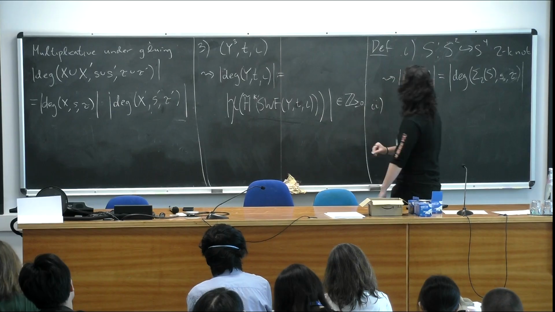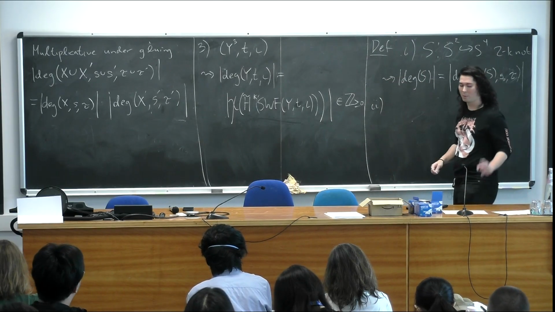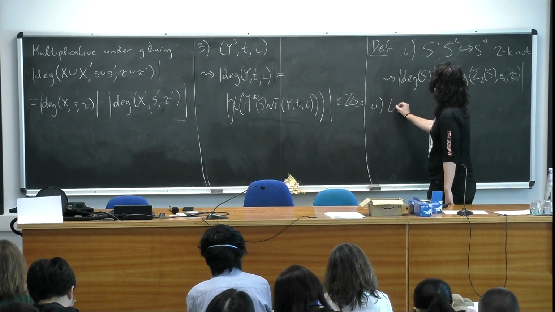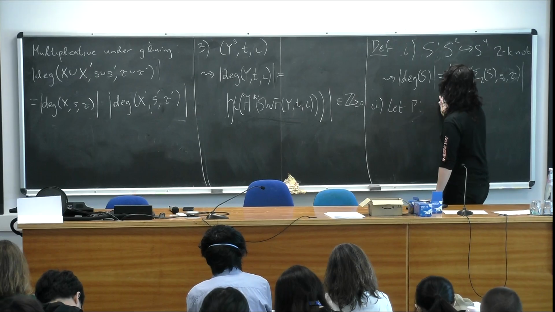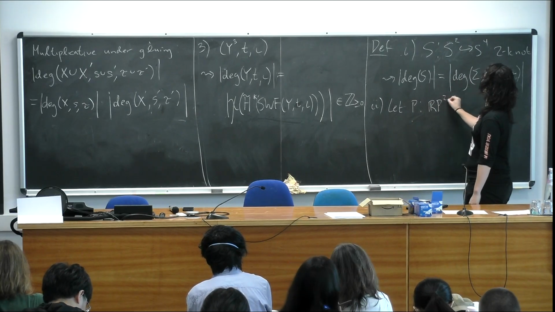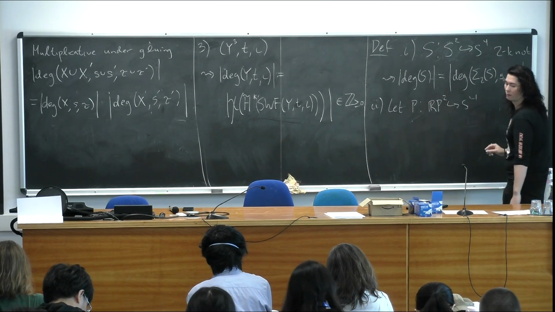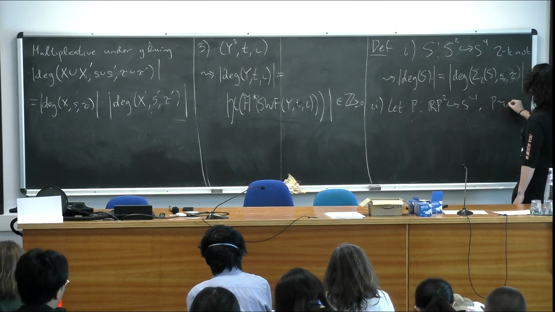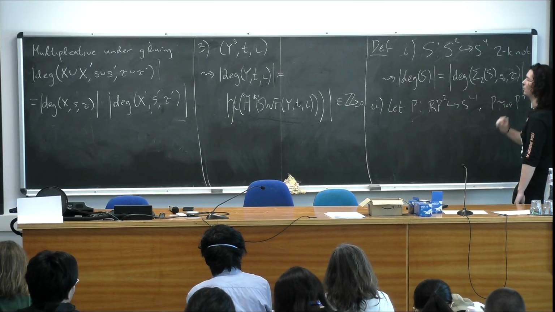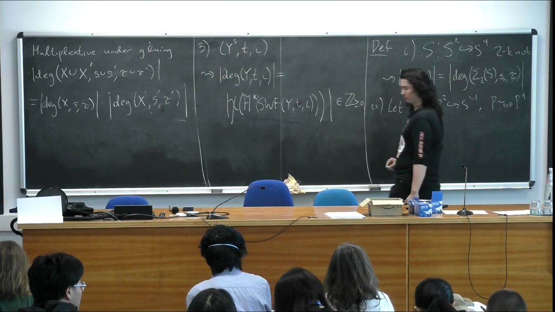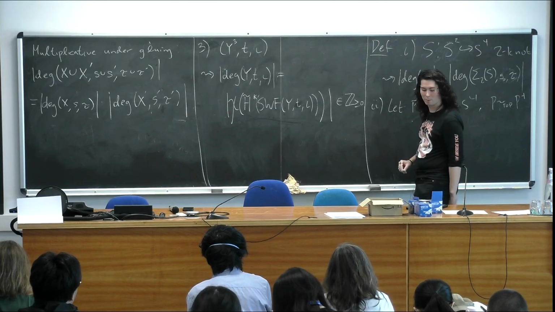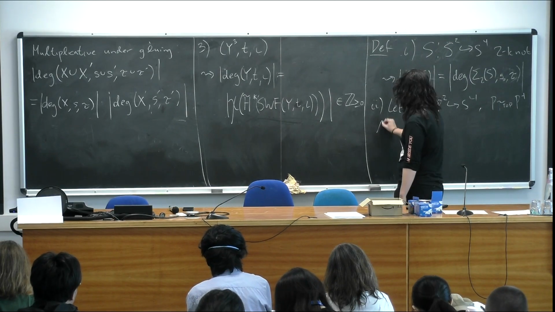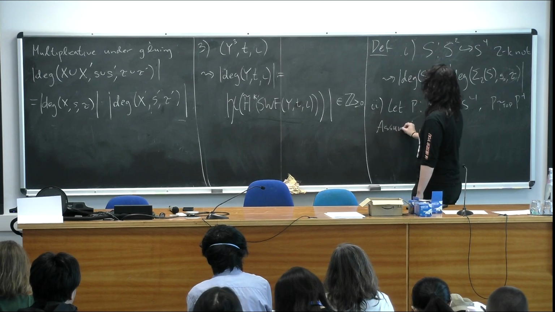All right, and then I can also define an invariant for RP2 knots. So let P be an embedding of RP2 into S4, topologically isotopic to that P plus that we said before, so normal Euler number 2. And then we're going to make an assumption just to make our lives easier.